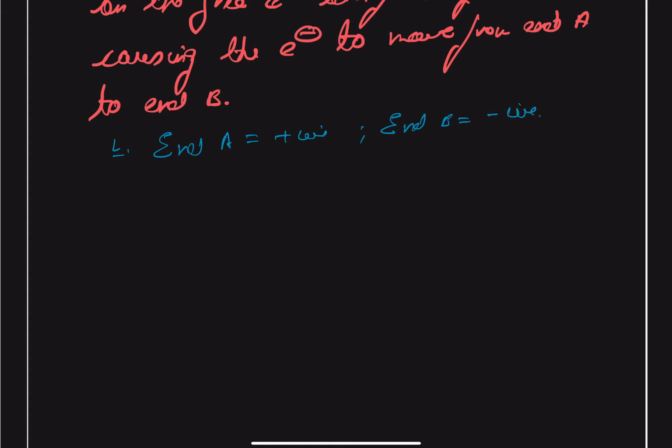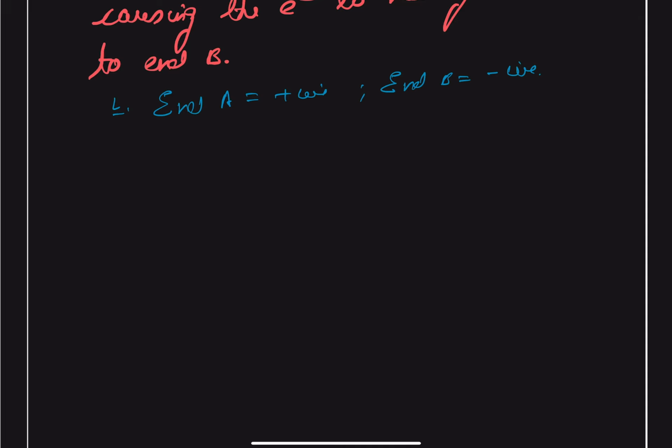Therefore current flows from B to A in this moving rod.